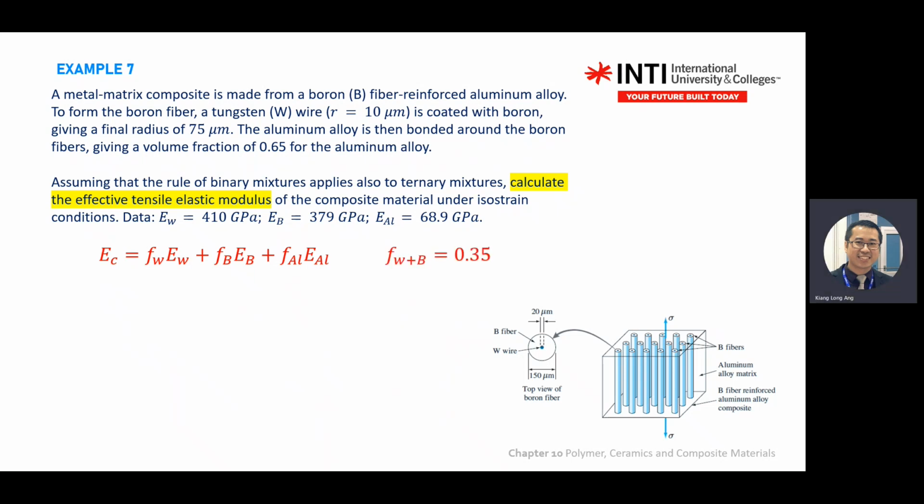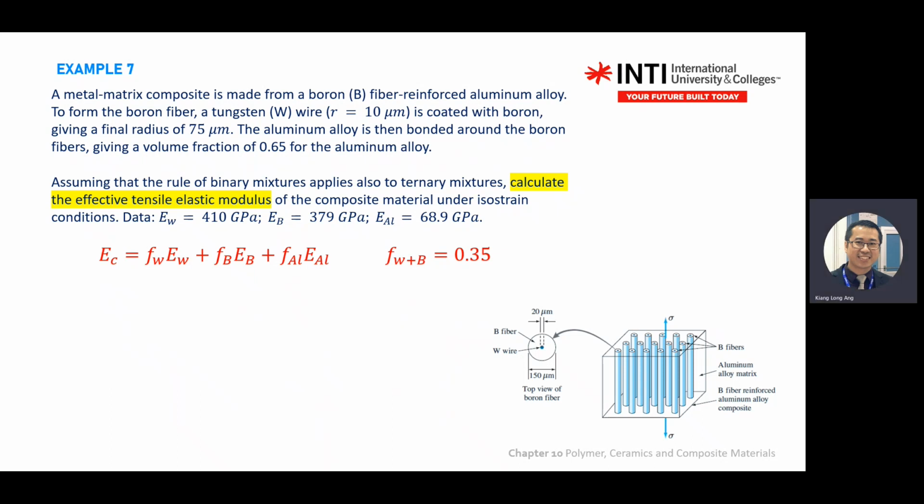Okay, so you know from the statement here, there's a combination between boron and wire. Boron and tungsten is 0.35. How do you find 0.35? Because the aluminum alloy here gives you volume fraction 0.65.